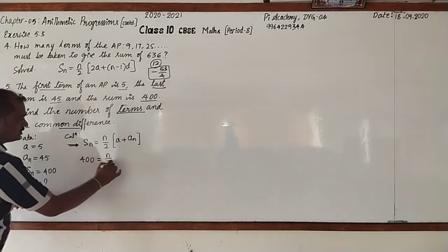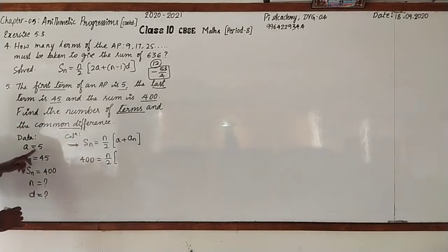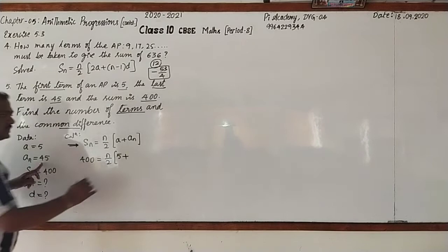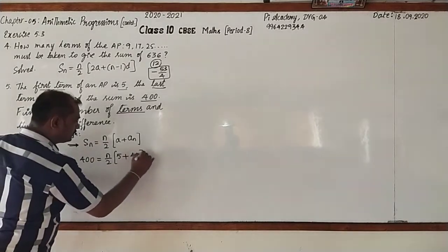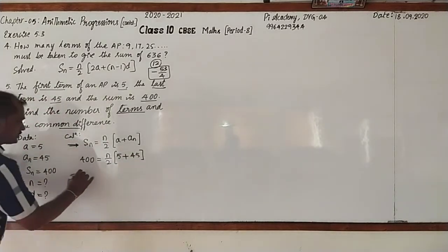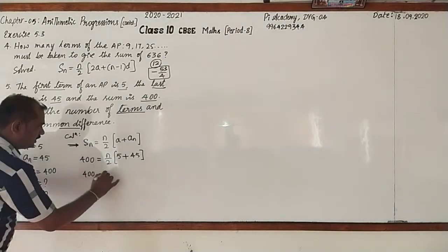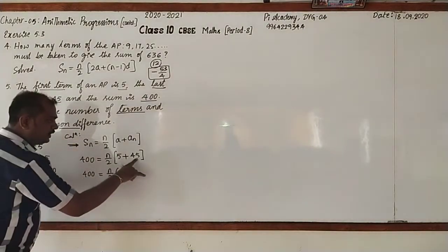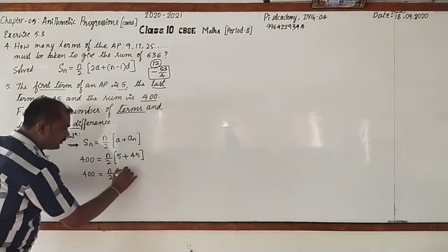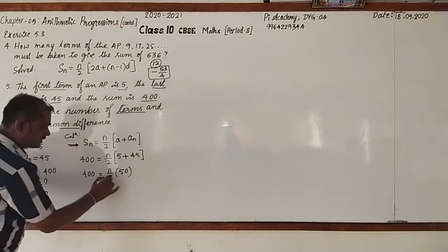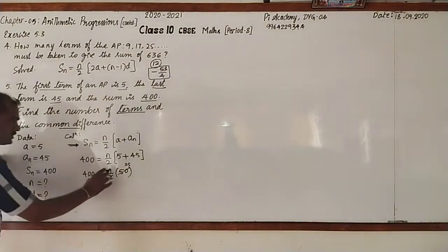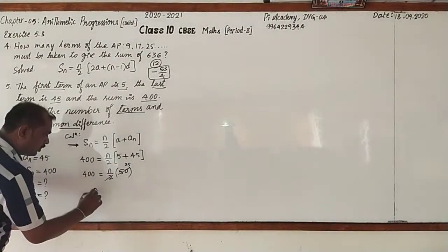Write this as it is. Divided by 2 into a is 5 plus an, this is 45. Next, 400 is equal to n by 2 into, what is 45 plus 5? This is 50. You can cancel it. 1 twos are, this is 25 twos are. Next, it is 25n, but we want n.